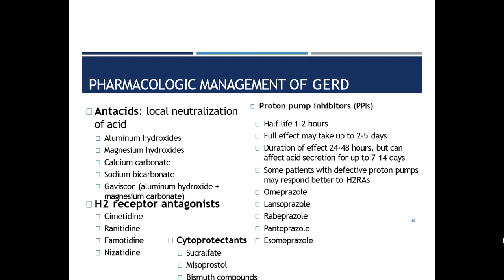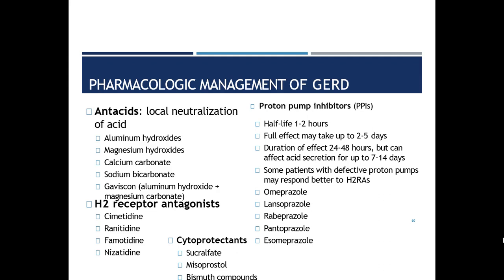Then the second line is the H2 receptor antagonists, that is cimetidine, ranitidine, famotidine and so on. You have cytoprotective agents which just cover the mucosa to protect it from the acid effect, that is sucralfate, misoprostol and bismuth compounds.